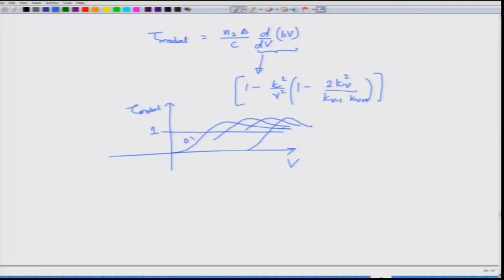So, this is for 01, this is for 11, this is for 21, this is for 02 and so on. Farther away from the cutoff, the modal delay can be approximated as n2 delta by c, and they have a maximum modal delay at different values of V number. So, far away from the cutoff you have this approximation for all of them.